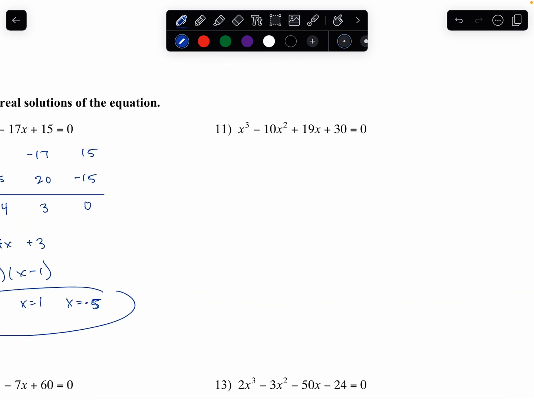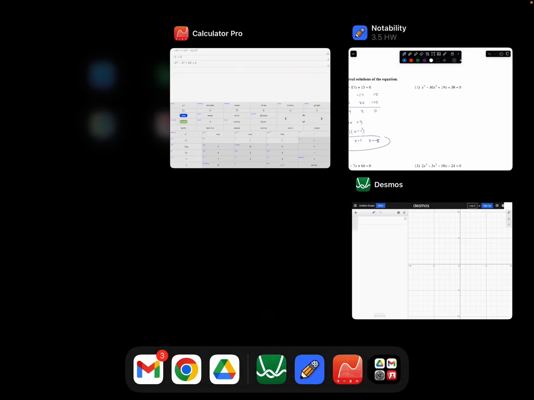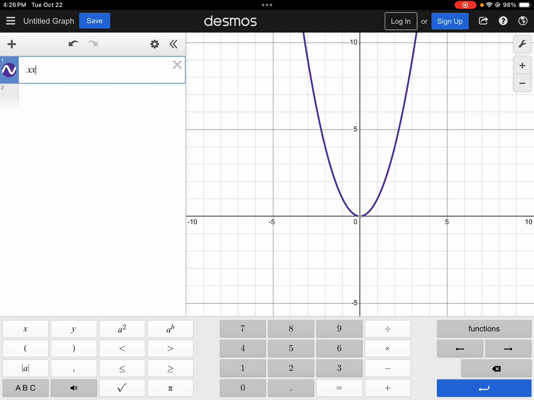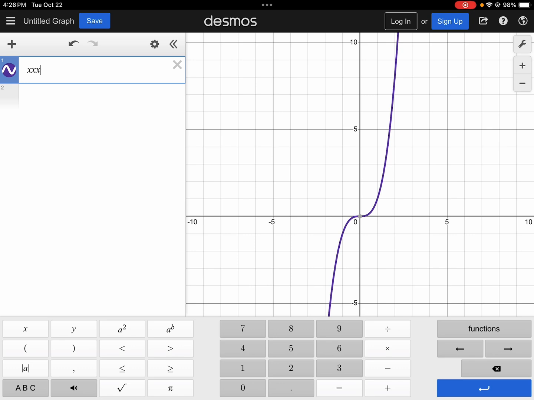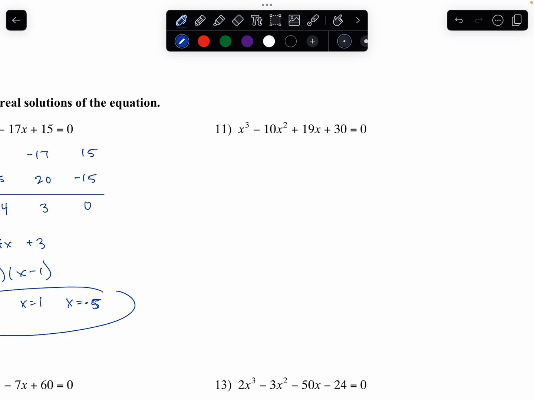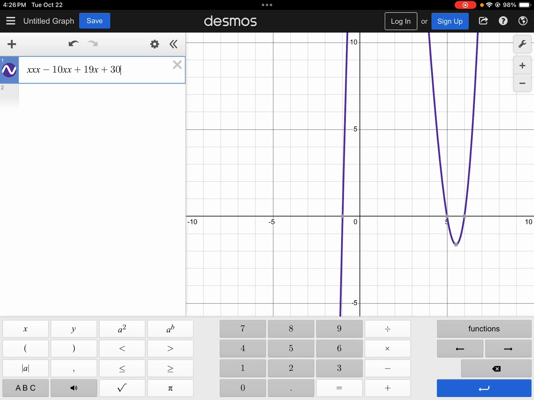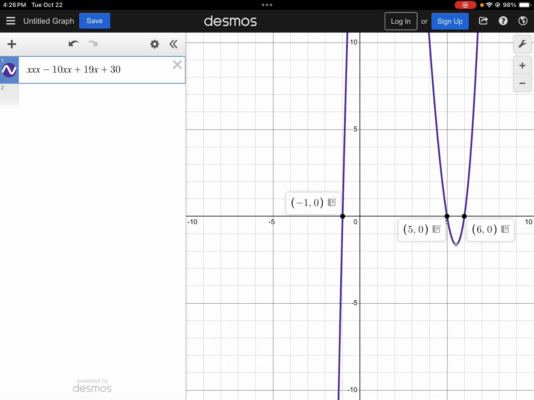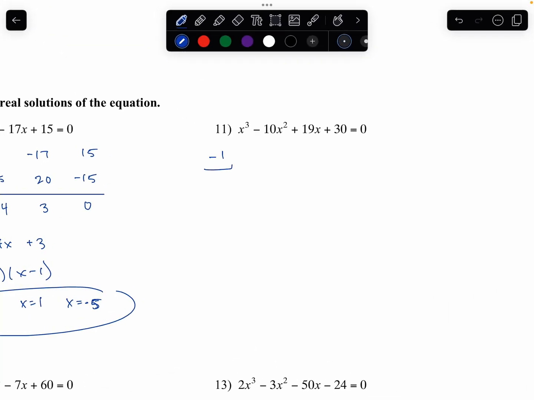All right, I have another polynomial, not factorable through grouping. Let's go ahead. I'm going to graph it just to find one of the zeros. So 1, 2, 3, negative 10x, x squared, plus 19x plus 30. So those are the three solutions. I can see them already. Let's just take the one on the far left, negative 1. So we got 1, negative 10, 19, and 30.